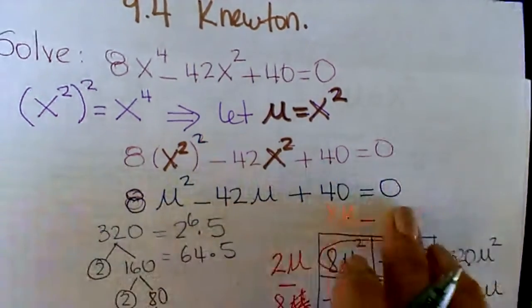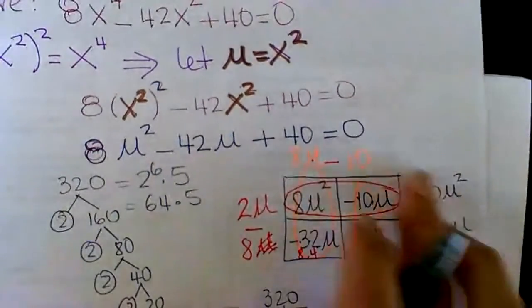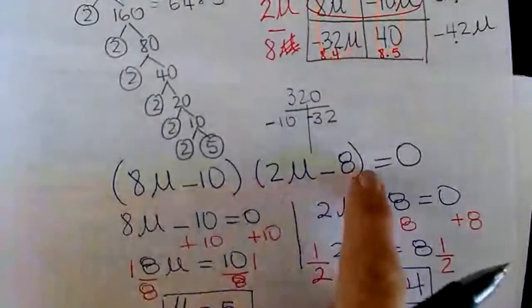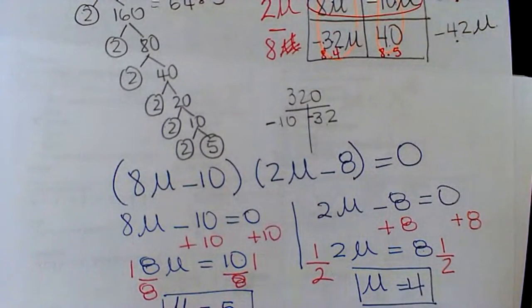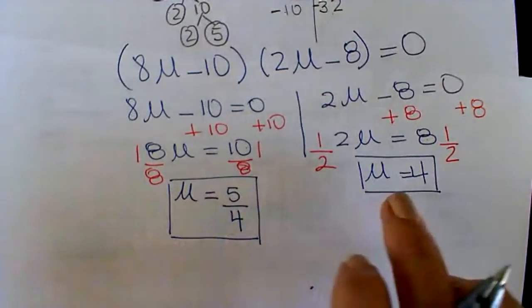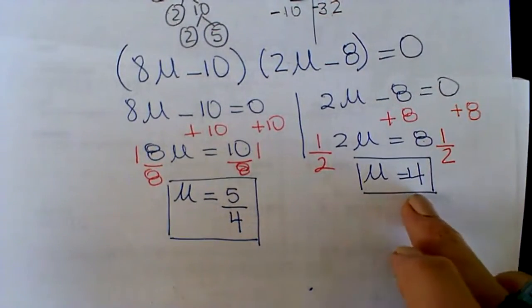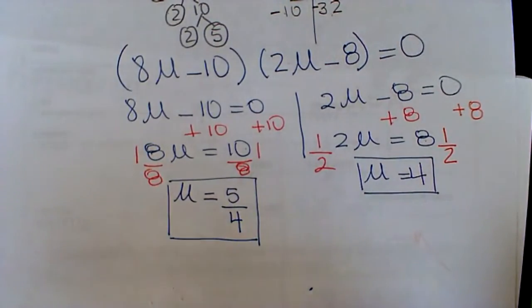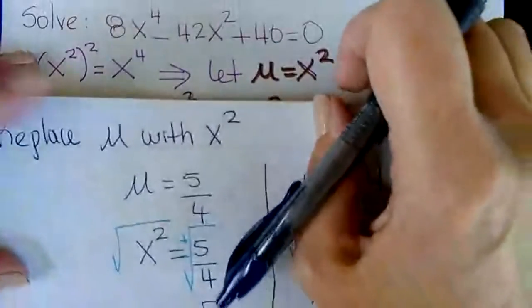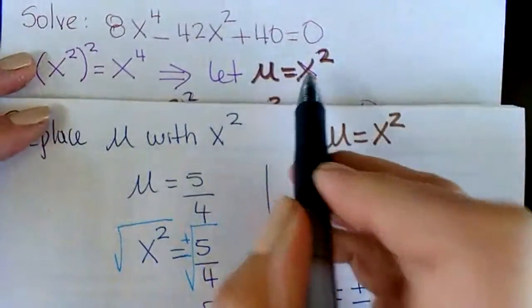I factored this one using the box method, and this is what I got. I solved both, and I got u equals to 5 over 4 and u equals to 4. Now, I need to replace that back into the equation, back here again.